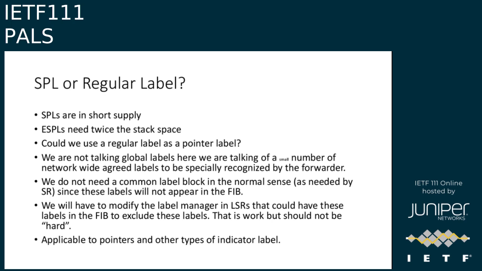If they can't appear in the FIB, then these are special labels that are handled by the forwarder, and the forwarder would handle them in its own way according to this forwarding semantic. So we could special case a few of the normal global labels and significantly expand the number of special purpose, quote, labels in the network. Next slide, please.